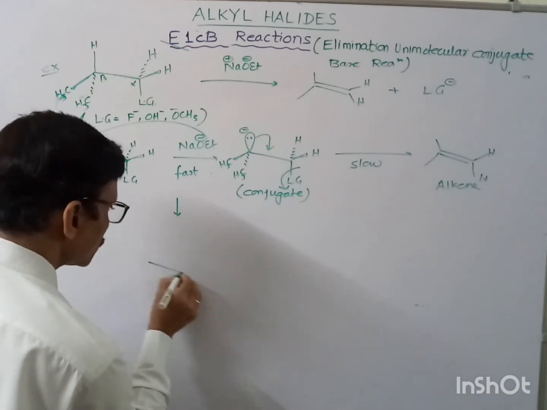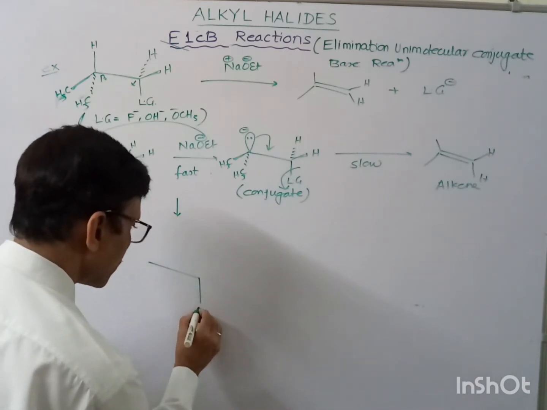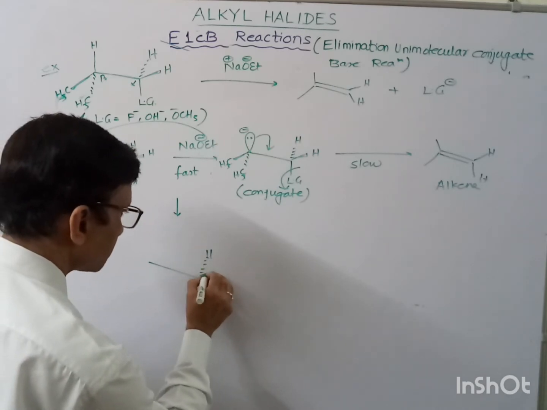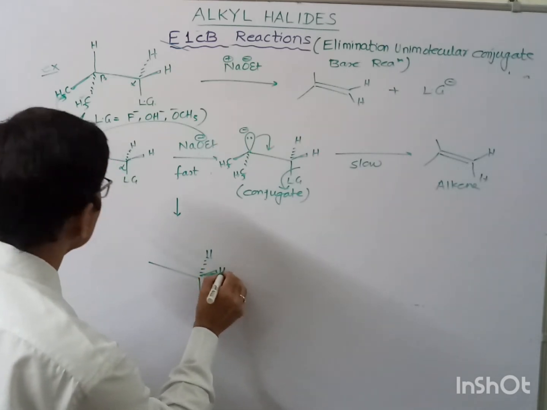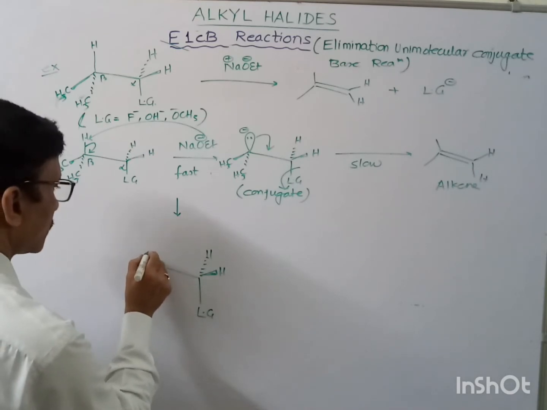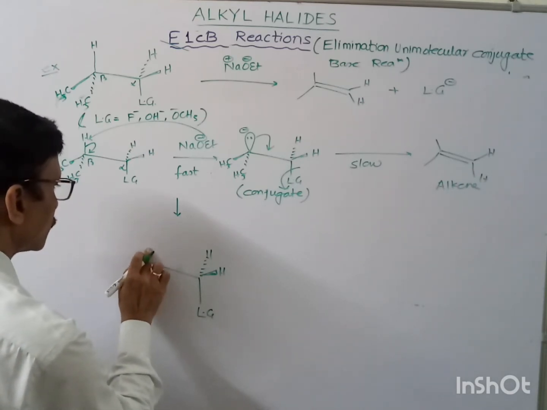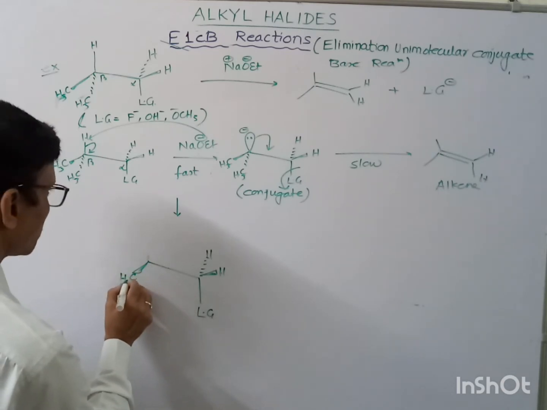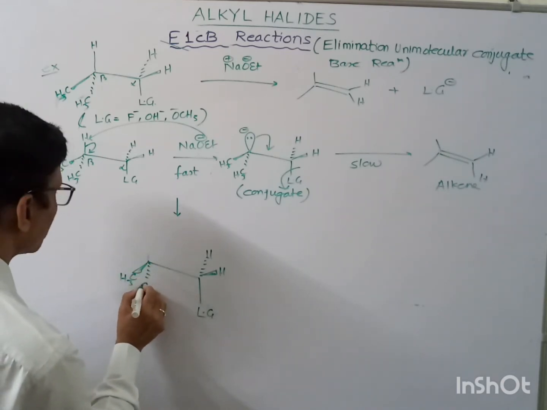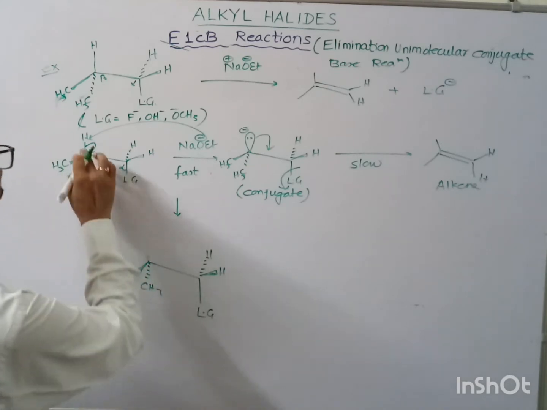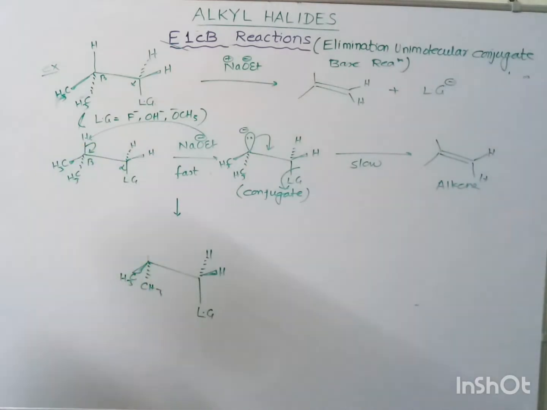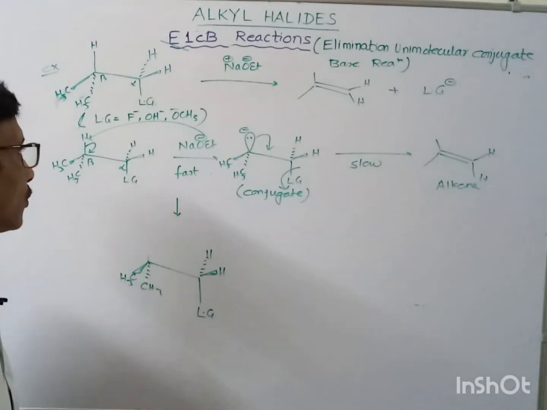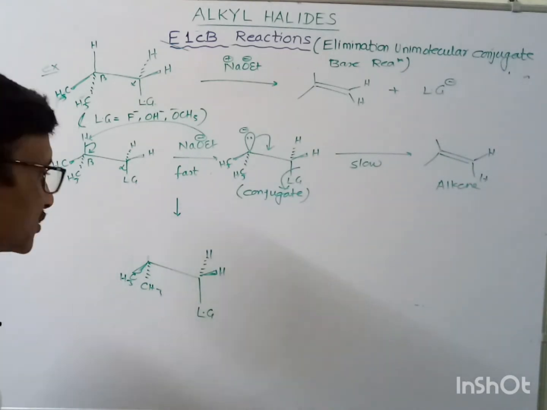So if we want to see the transition state, suppose this is the leaving group. Here one of these hydrogen atoms, where the bond will start breaking, in the transition state bond breaking and bond formation take place.